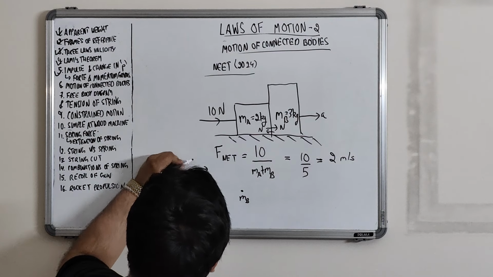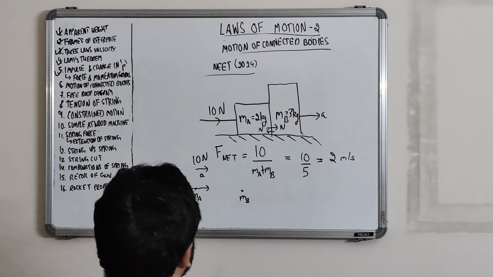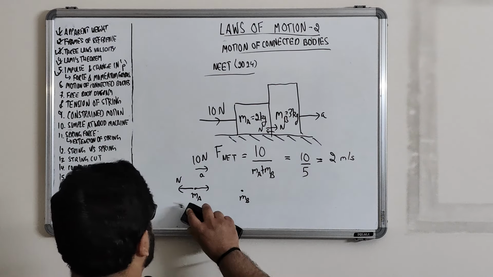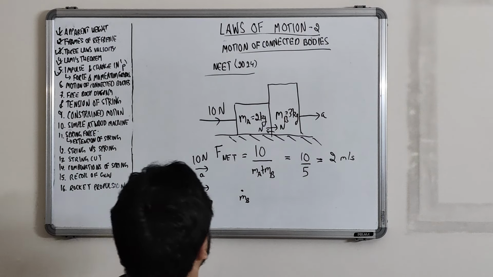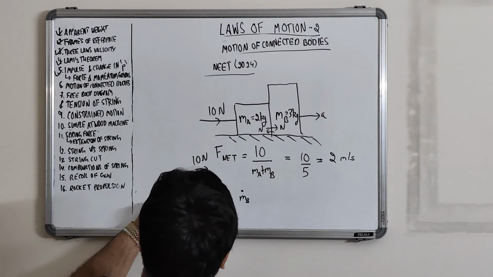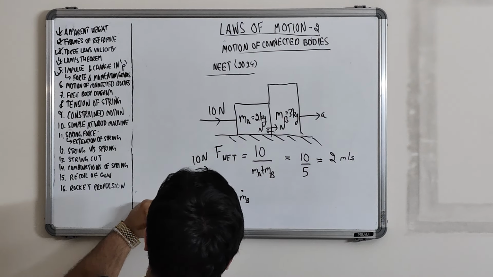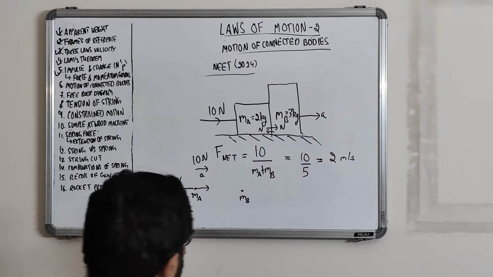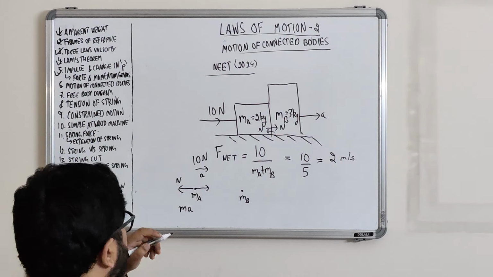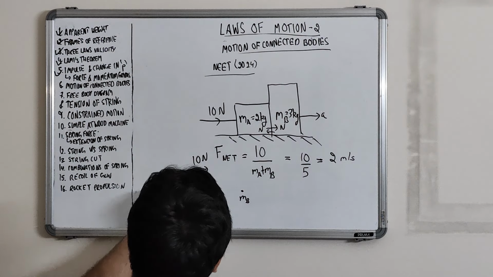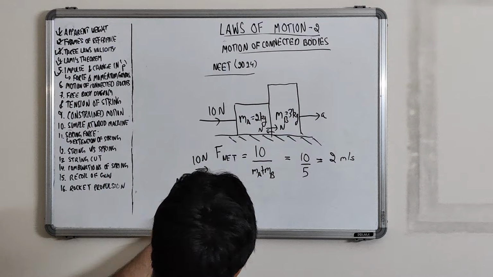And this is the force it's experiencing, that's 10 newtons. The force is applied in this direction only. So MA a is equal to 10 minus N.